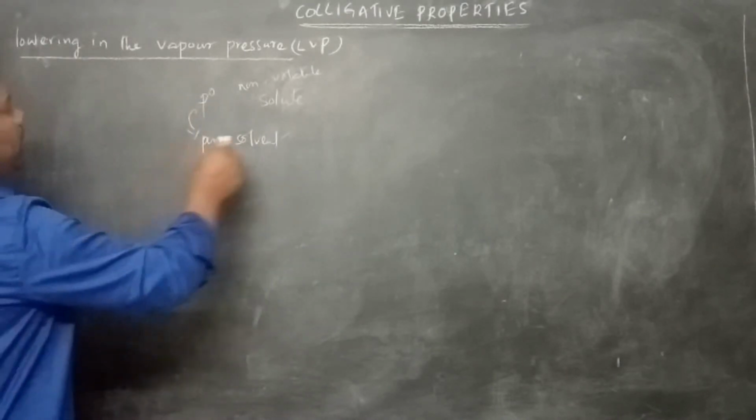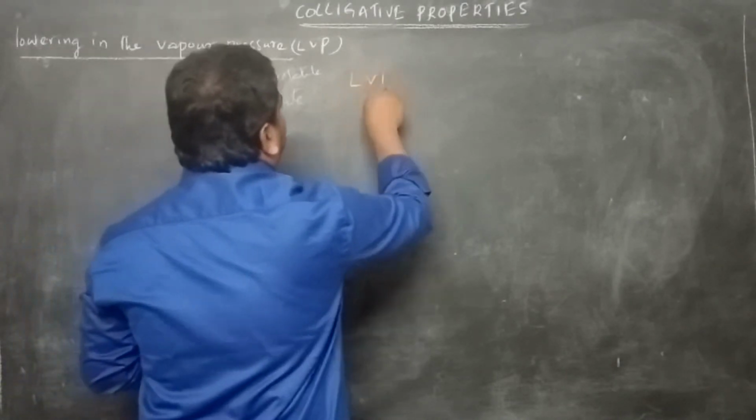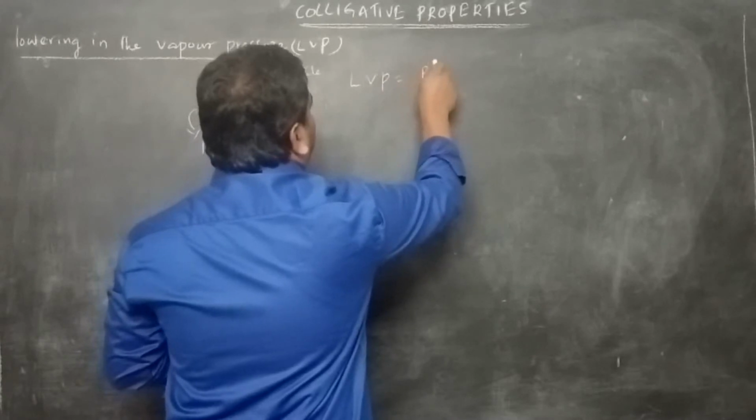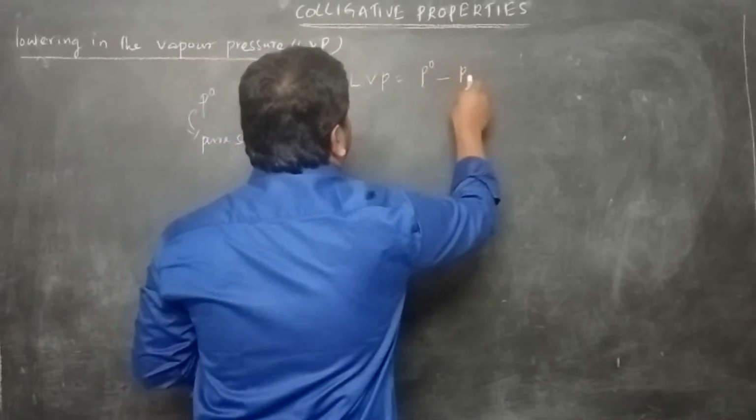So the lowering in vapor pressure, LVP, is equal to P naught minus Ps.